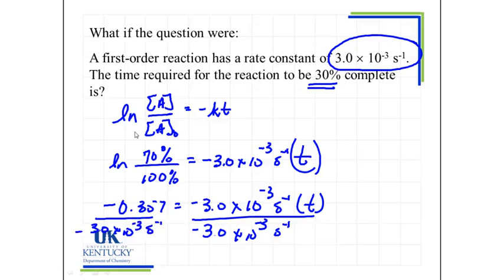And that will give me a t-value, a time of 119 seconds. Again, we really only know that to 2 significant figures, so that'd be 1.2 times 10 to the 2 seconds.